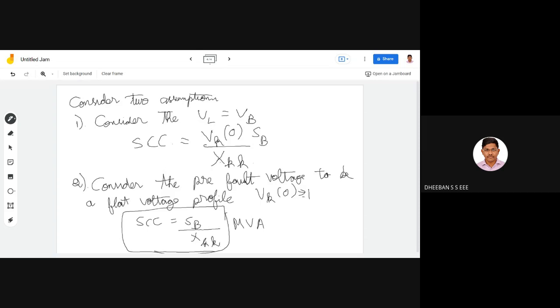And the next one we'll be seeing is the method of finding the fault current using Thevenin's method. There are two methods. The first one is your bus building algorithm, how we can find the fault current.